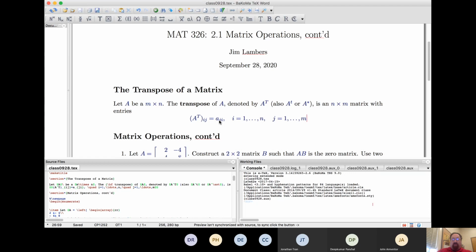So the rows of A are the columns of A transpose and vice versa.